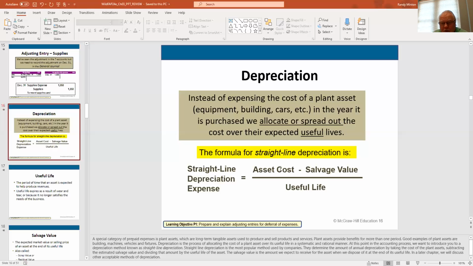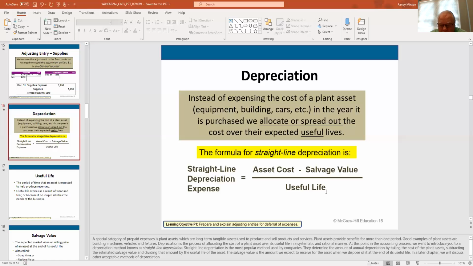Okay? So 120,000 minus 20,000 is 100,000. And if we have a useful life of 20 years, when we make that division, we'll get 5,000. Okay? And that's what we're going to take for depreciation every year.